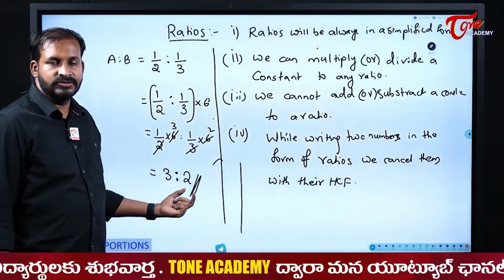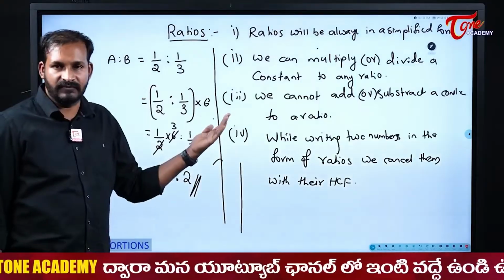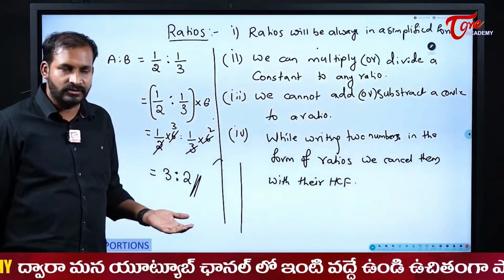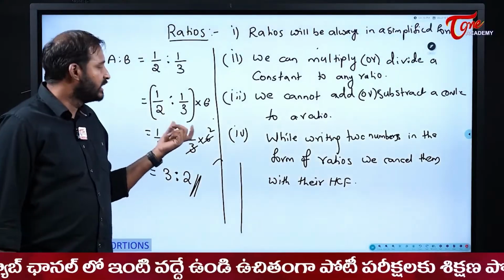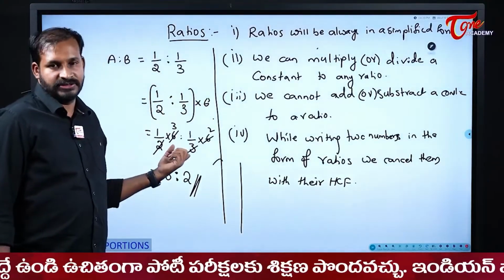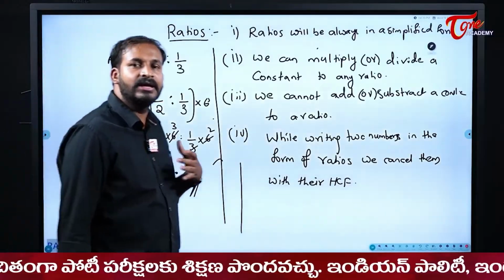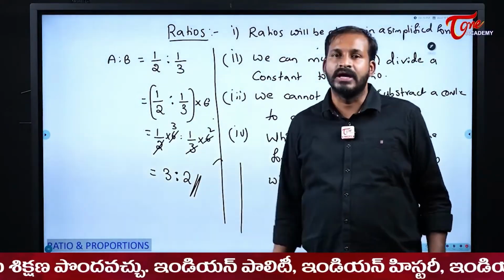Understood? Generally, if the ratios are in the form of p by q, we will take the LCM of the denominators and multiply it with the ratio. Why? Because we can multiply a constant to a ratio, it will not affect our given ratio. That is what we have done here.